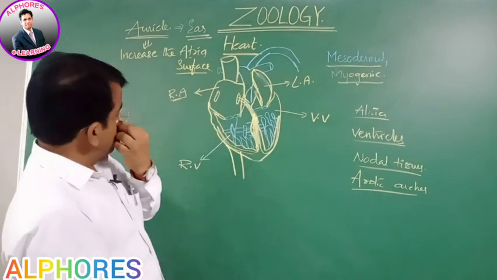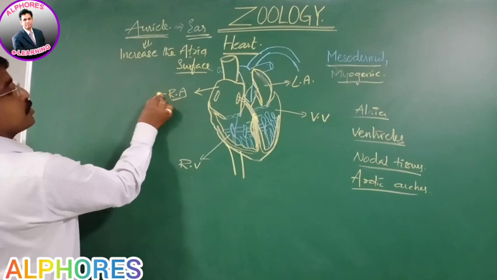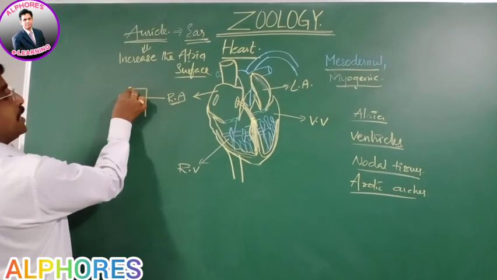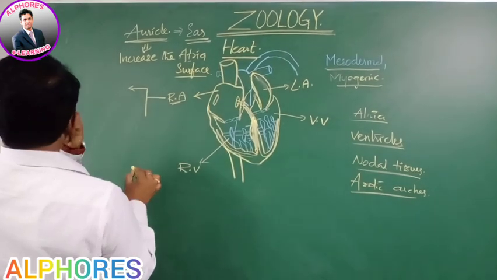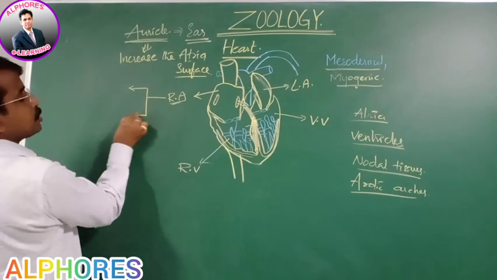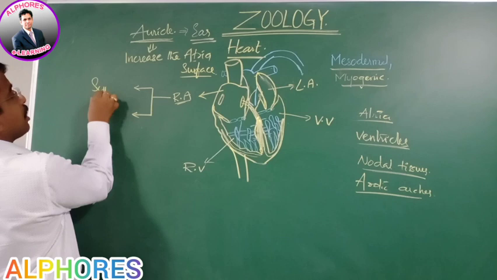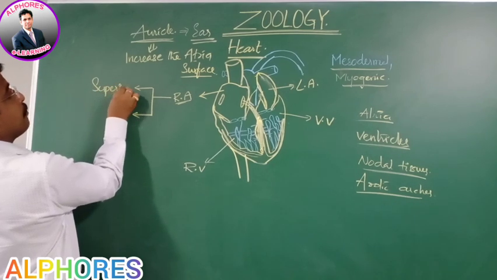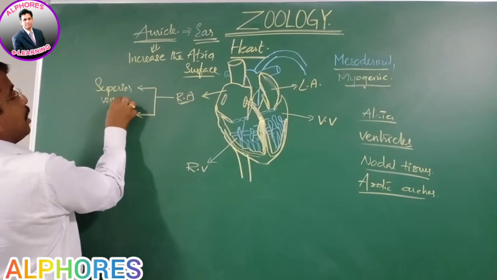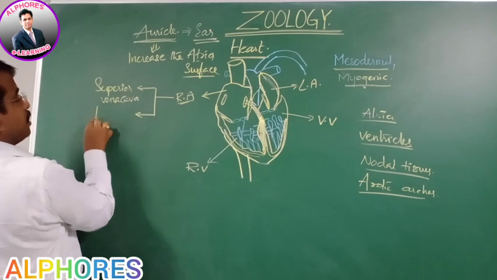The right atrium receives the blood from the vena cava system, that is the superior vena cava and the inferior vena cava.